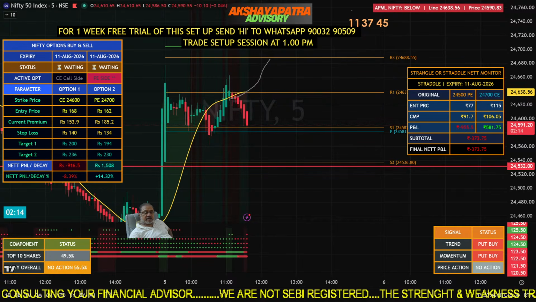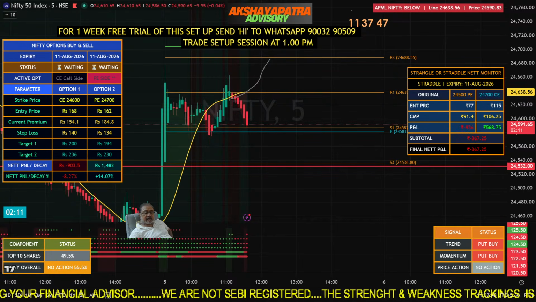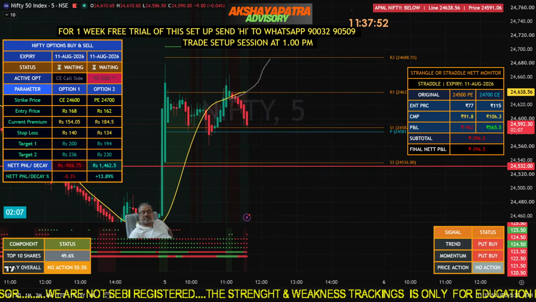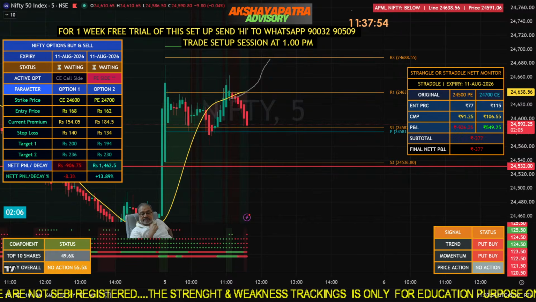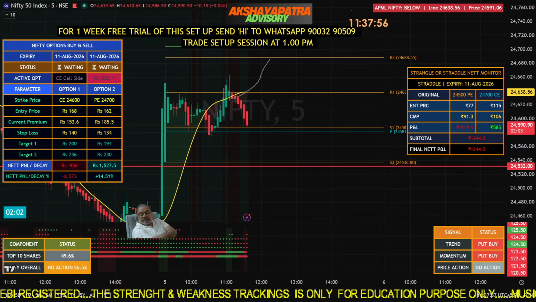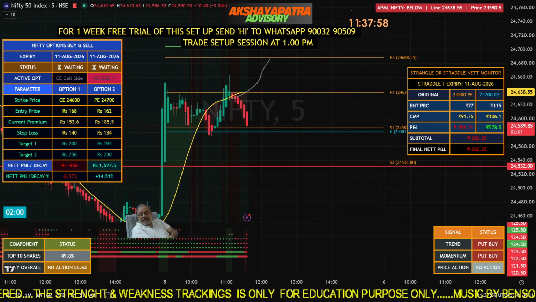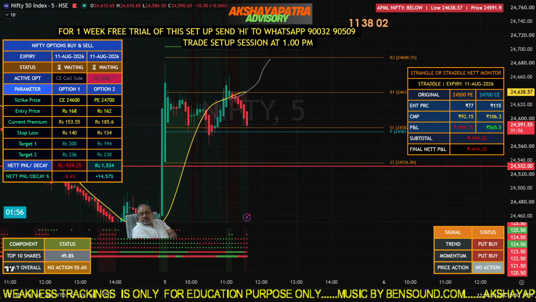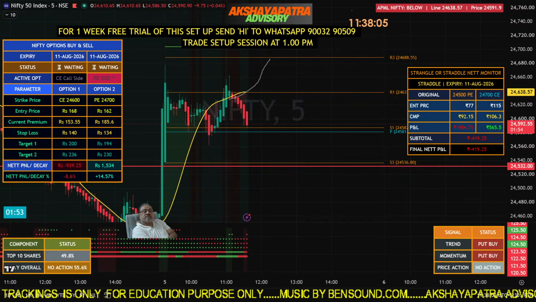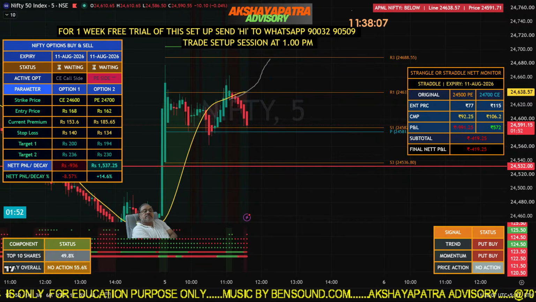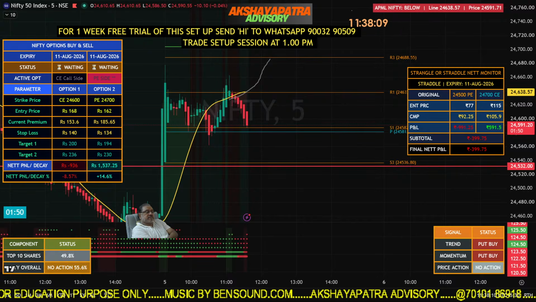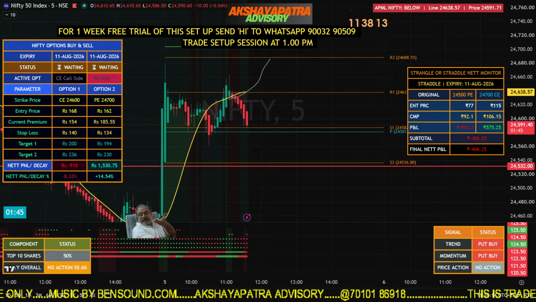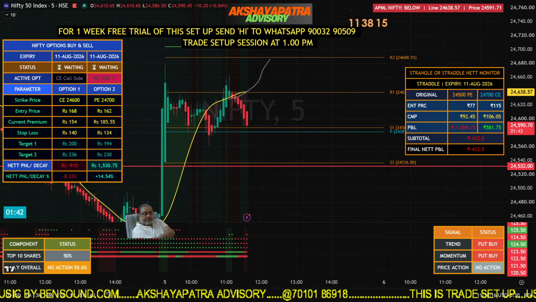But the other engine is trading, so we'll wait and see. Maybe by this weekend that will also settle down fully. It shouldn't be trading, but as of now, it is trading.